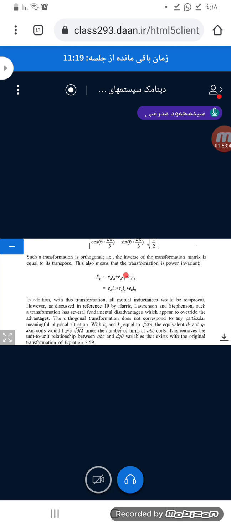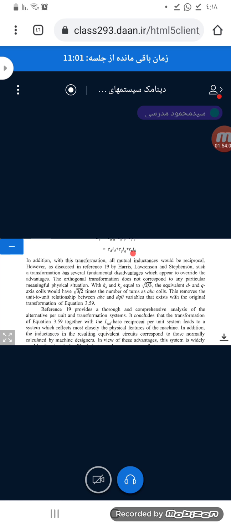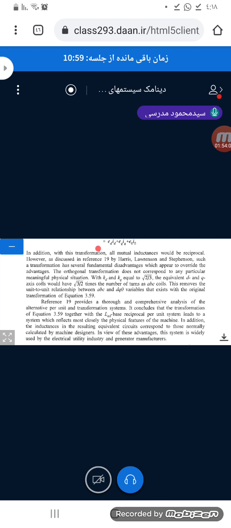ET is equal to EA IA plus EB IB plus EC IC. That is equal to ED ID plus EQ IQ plus E0 I0. In addition, with this transformation, all mutual inductances would be reciprocal.